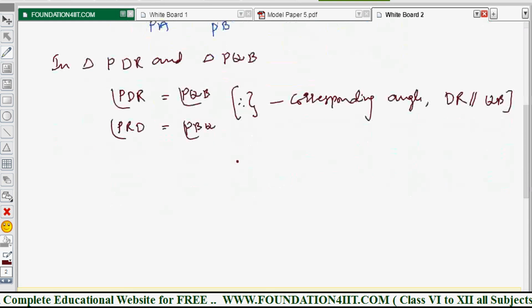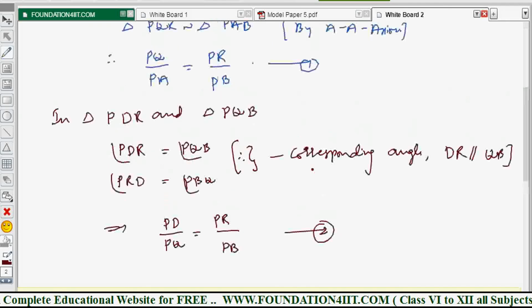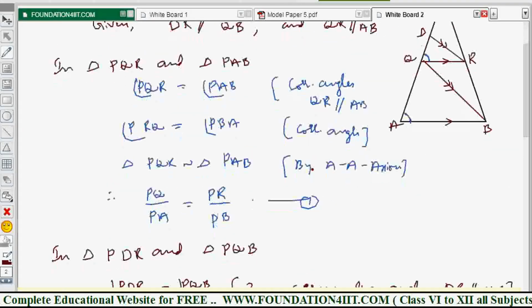Because these two angles are the same, the two triangles are similar. From that you can write PD by PQ is equal to PR by PB. This is equation 2.